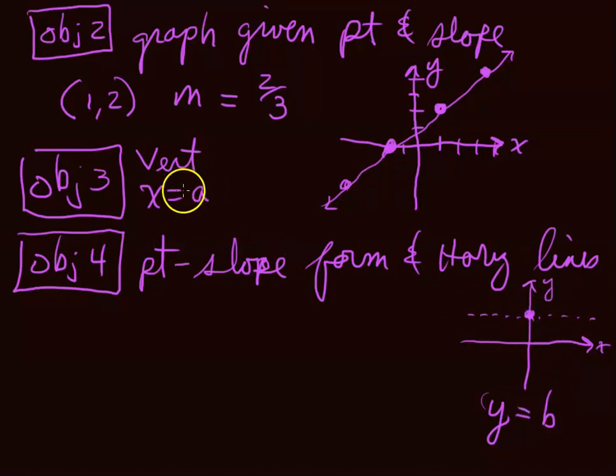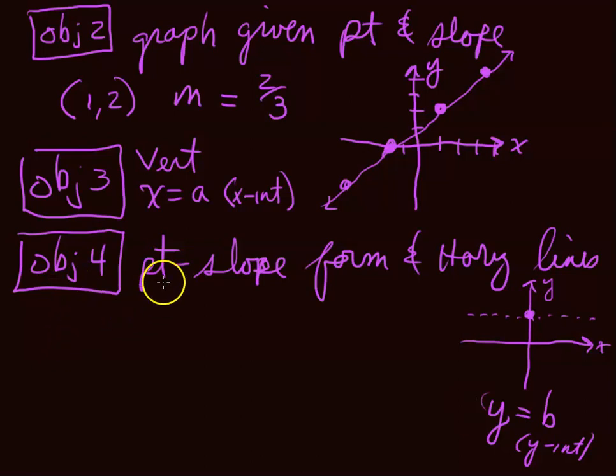I guess we can use A as the X-intercept, and B is the Y-intercept. So any horizontal line is y equals some b, some number. It's always going to be the same. X can be anything you'd like, but y is that constant b.